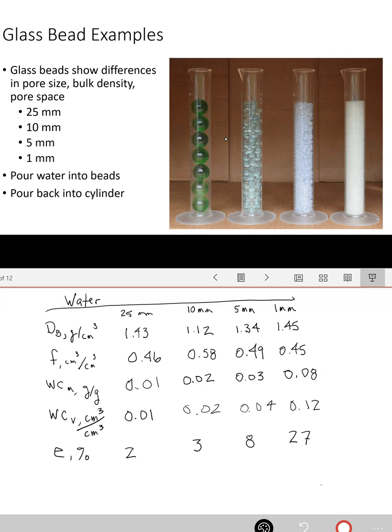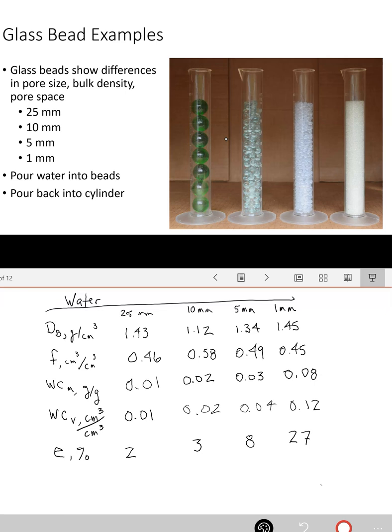When we go to the 10 millimeter beads, they're smaller. There's a lot more pore space, but only 3% of that pore space is filled with water, so the saturation percentage. Then we go to the 5 millimeter beads, 8% of the space there is filled with water.